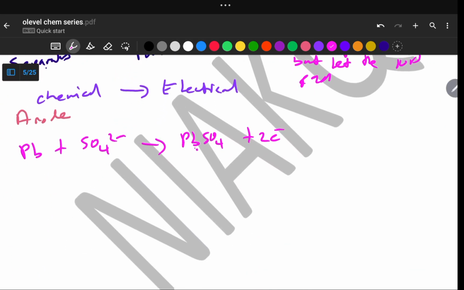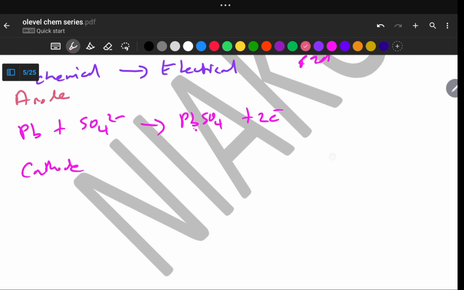And then at the cathode reaction, we're going to have lead 4 plus the proton from the acid plus the sulfate ion to give lead 2 sulfate plus water.